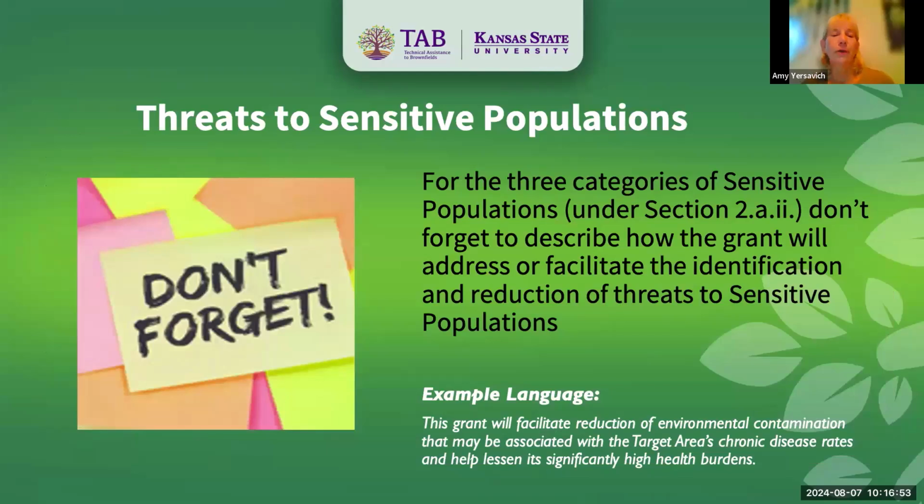For the 3 categories of sensitive populations, where we talk about the problems that they might have, whether it's health or environmental justice issues, do not forget to describe how your grant will address or facilitate the identification and reduction of threats to sensitive populations.